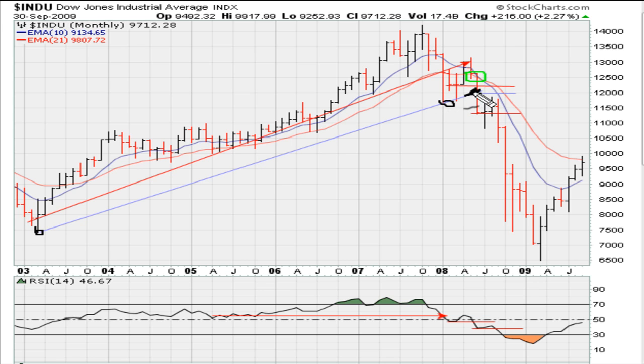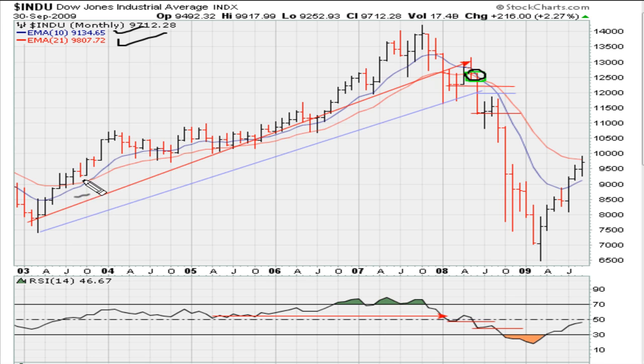We broke down here, and we never recaptured that level. Also notice that we had the bearish crossover there between the moving averages on the monthly chart. Now on the monthly charts, I use the 21-month moving average and the 10-month moving average, but a crossover is a crossover, a bearish crossover.